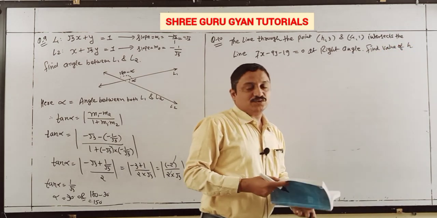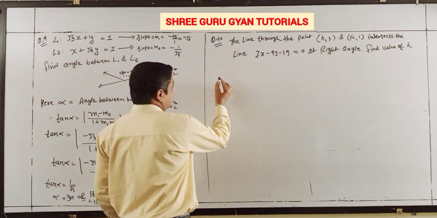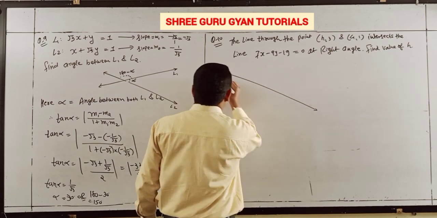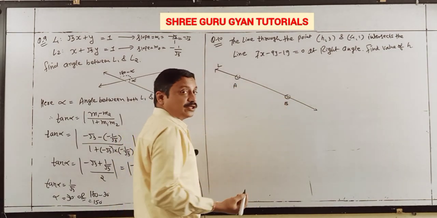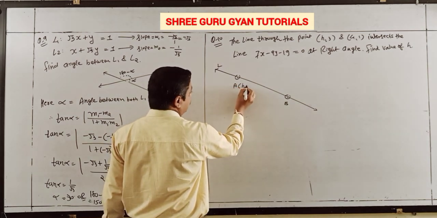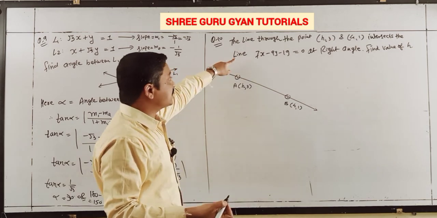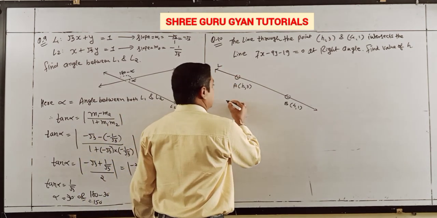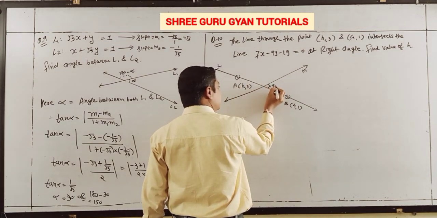Students, here one line has coordinates given and one line is given. Consider that's your first line, L line, having 2 points already available, passing through (h, 3) and (4, 1). It intersects the second line, M line, and both are at a right angle, given as 90 degrees.